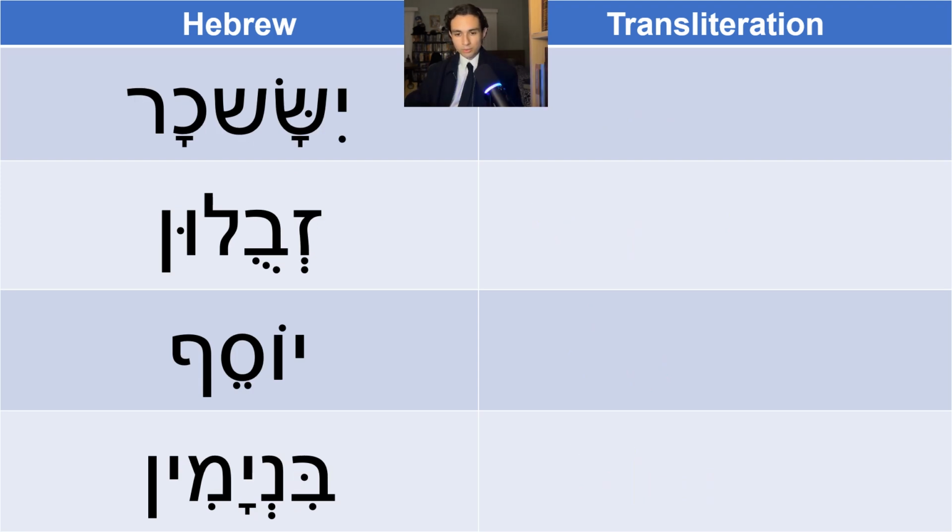So for this last group, this first name is actually extremely interesting. Watch how I transliterate it. Okay, you might be wondering why did I put both sins. In this case, they're not a shin, it's a sin.